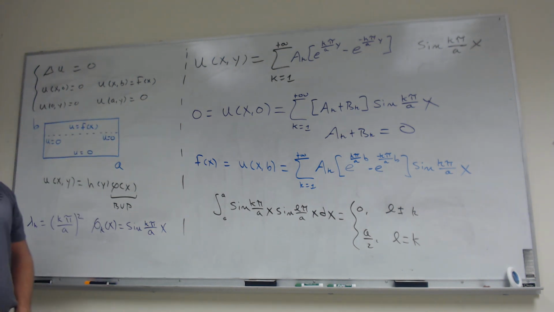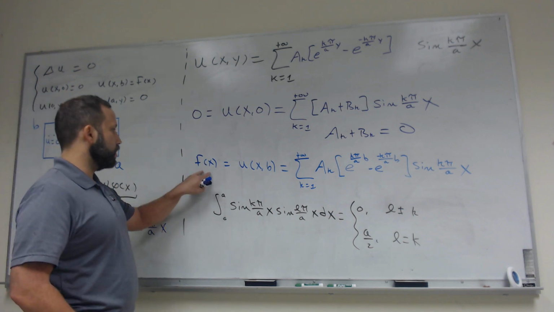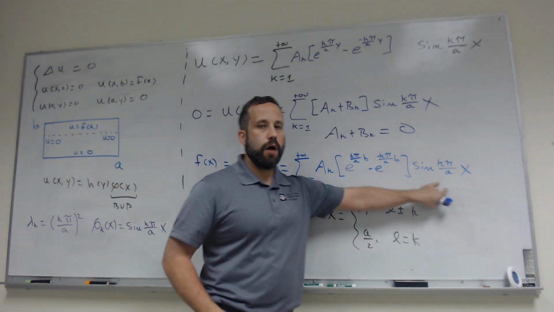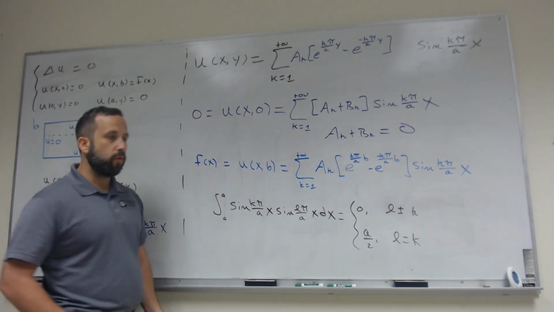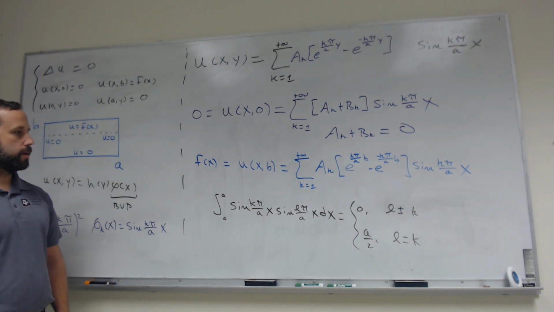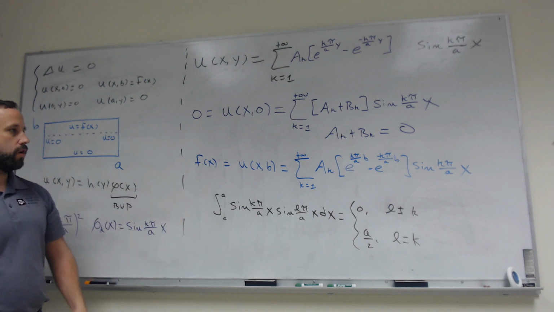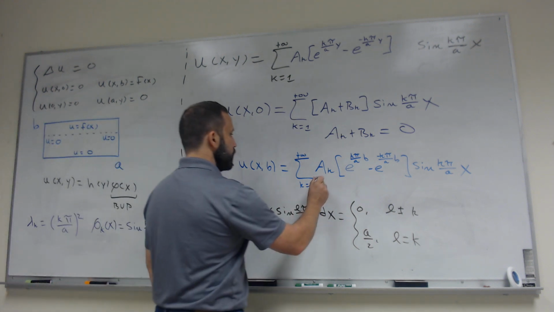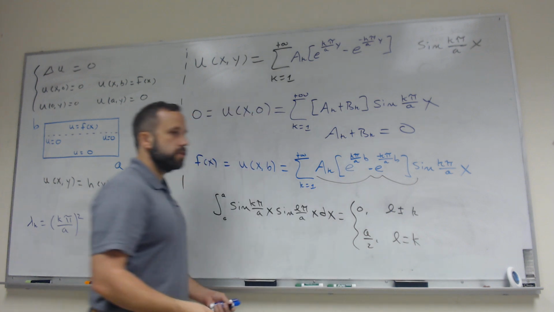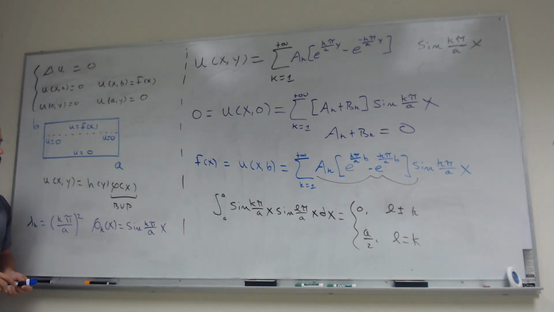Again, we're going to use the fact that we can write f of x as a sum of these sine functions. And why we're able to do that, we'll get to next week. But if we're able to do that, we can compute what the AKs are using the same orthogonality stuff that we did before.